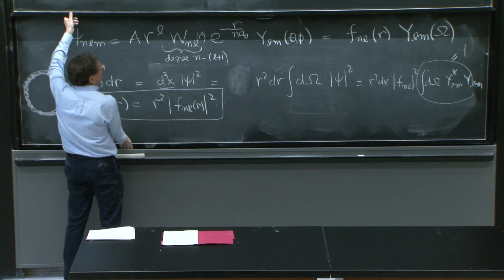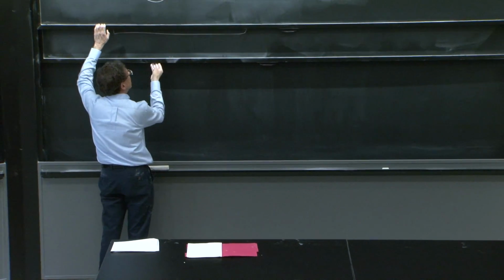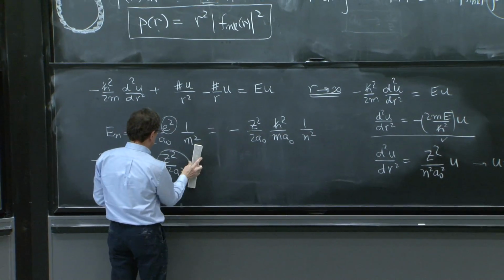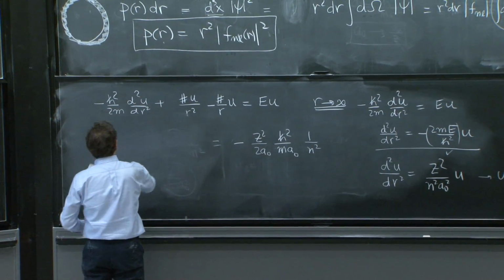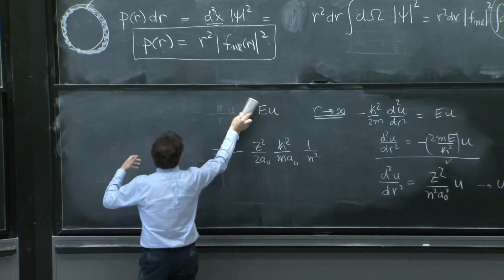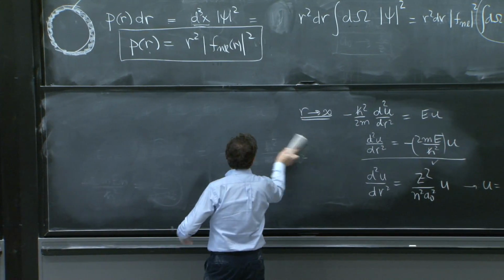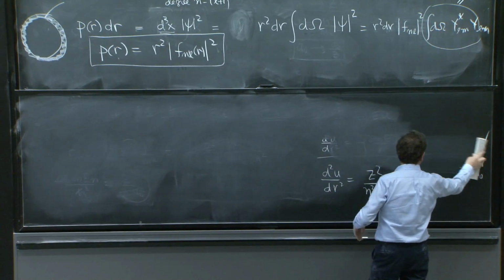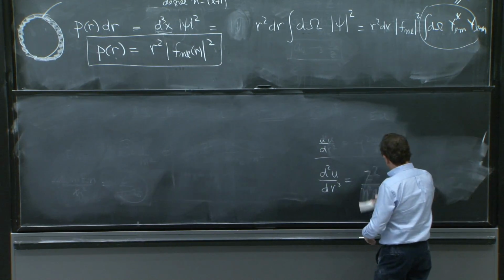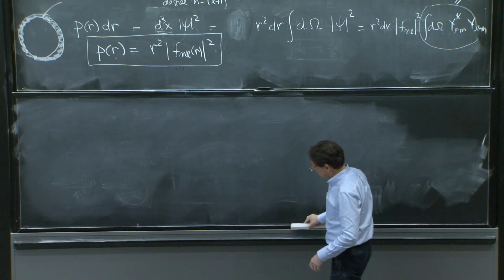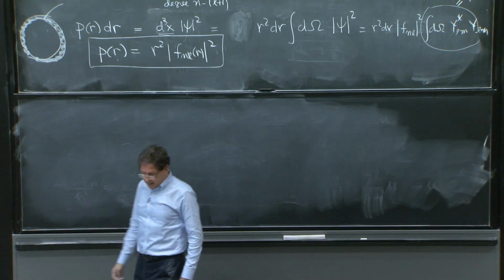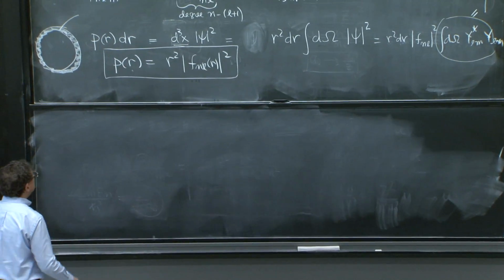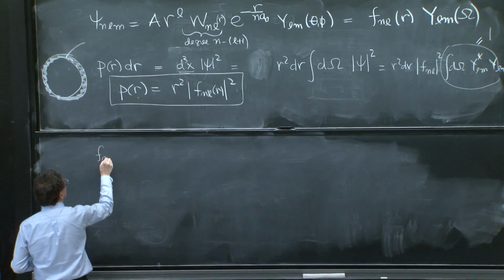So our mistake, or my mistake, must have been that I didn't include all that was relevant. The exponential is one part, but there is the polynomial, and the polynomial must be causing the trouble. Indeed, that's what is happening. Let's look at f n l.